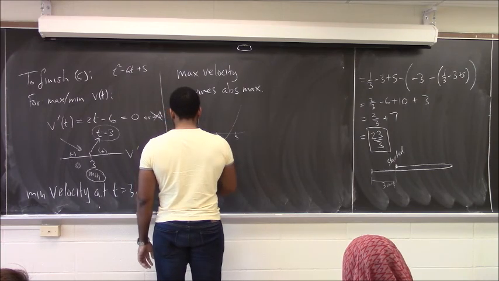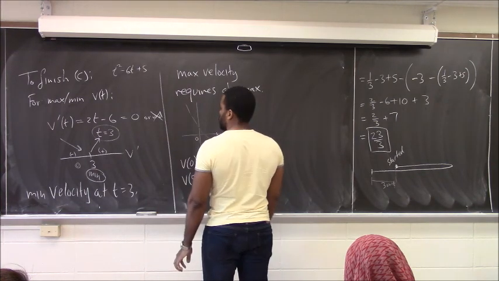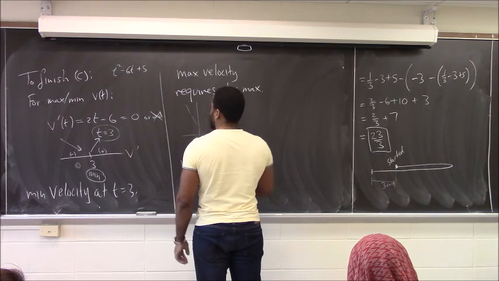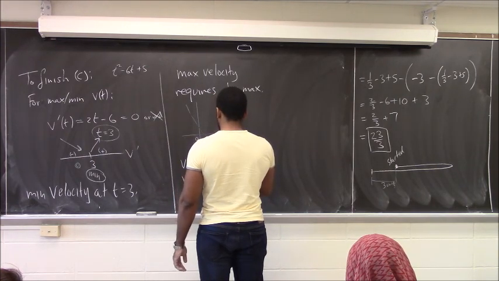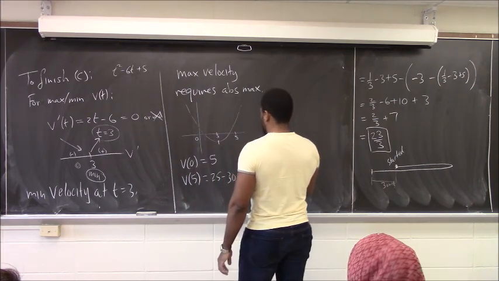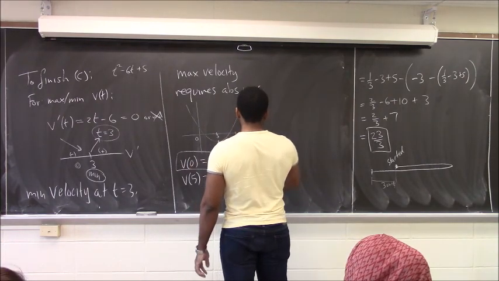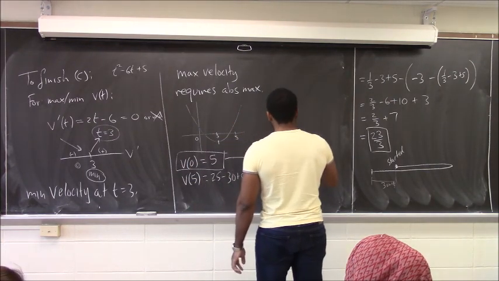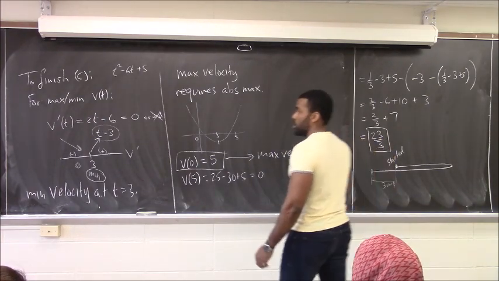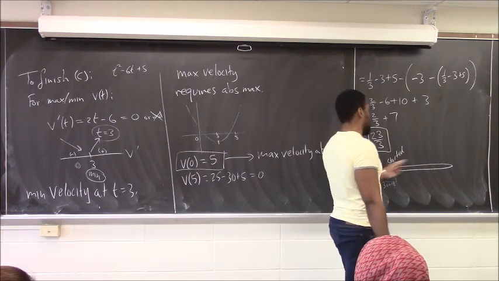V of 0 and V of 5. V of 5 would be 25 minus 30 plus 5. That would be 0. So here's our max velocity. So it's actually moving at its fastest from the very beginning. It shoots off.